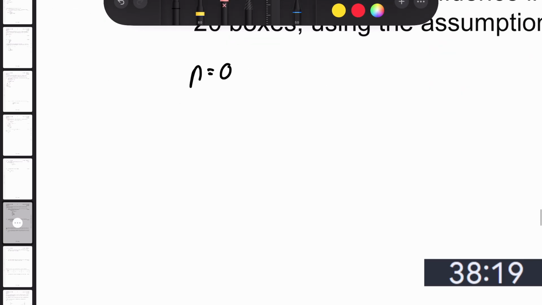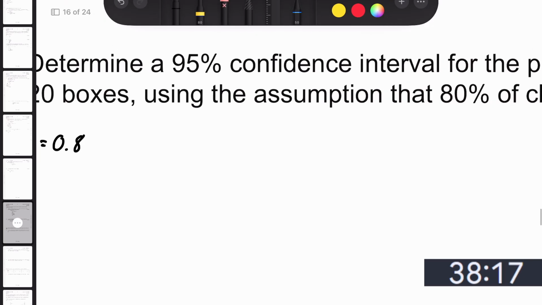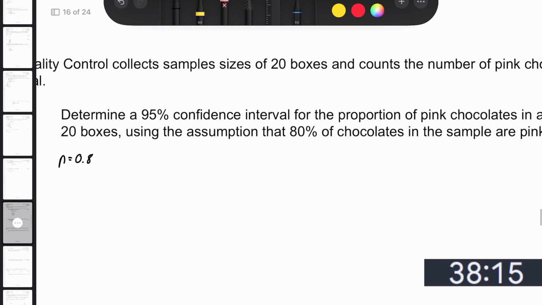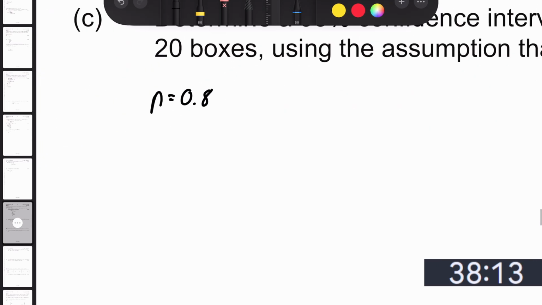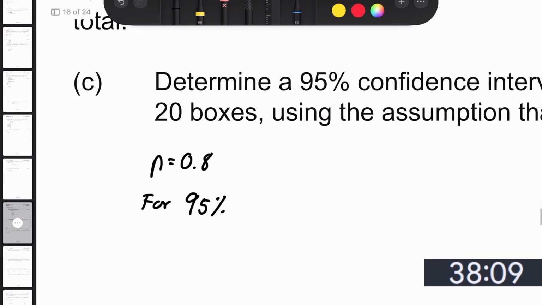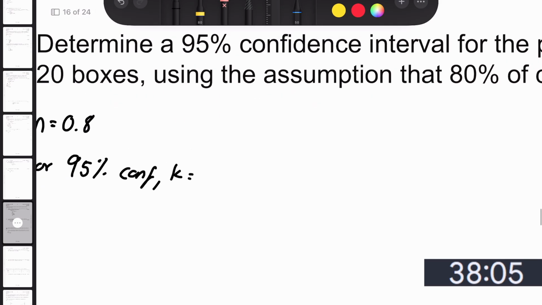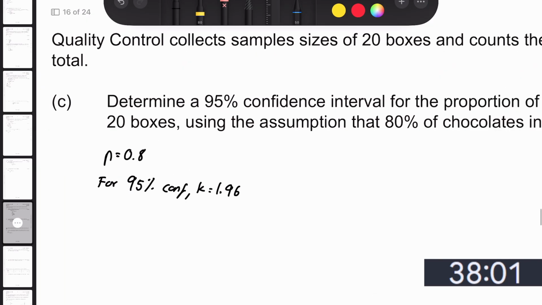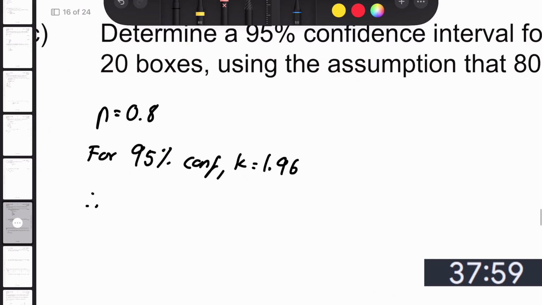So this is going to be the population proportion, not the sample proportion. And then for 95% confidence, K is equal to 1.96. Actually no, I can just put this on a CAS. Okay, I'm just going to say CAS stats.